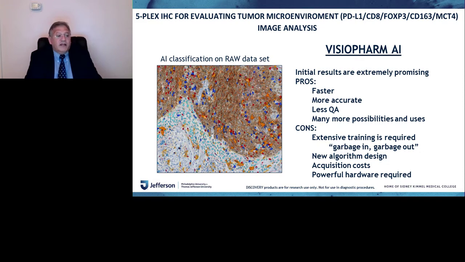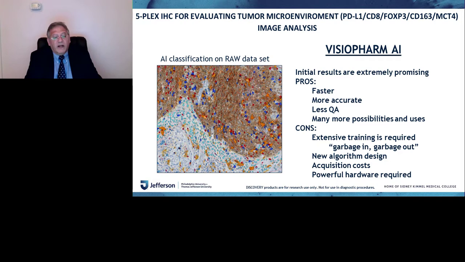The initial results that we experienced are extremely promising. Of course, you have to train your AI with the new algorithm, your questions and everything. But in reality, the result is much faster, much more accurate, requiring less quality control and quality assurance of your results. So this is a superb thing; I think this is the way to go.